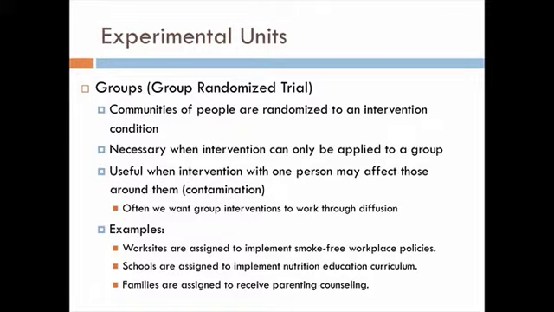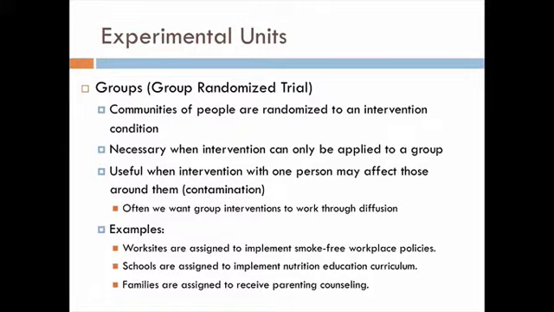So for example, say I was testing a new curriculum for epidemiology, right? I couldn't stand in front of a classroom of 30 students and give every other person the new curriculum and every other person the standard curriculum, because you're all in the classroom together, right?